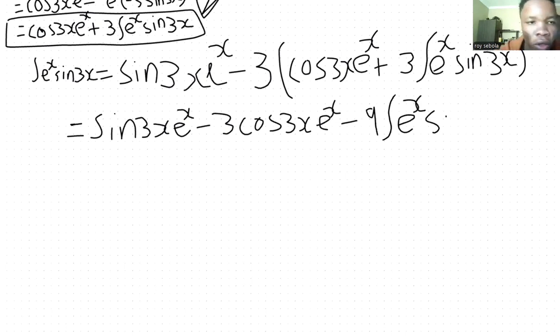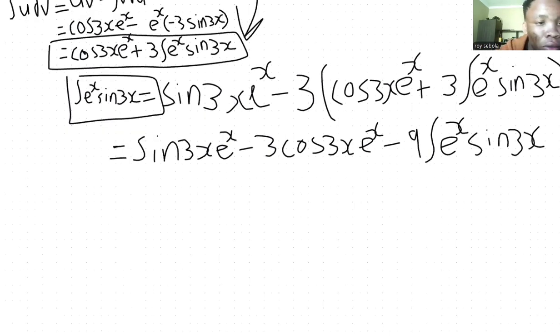Now, if you check correctly here, from this case, this integral of e to the x sine 3x is the same as the integral of e to the x sine 3x. And the integral of e to the x sine 3x is what we are trying to integrate.